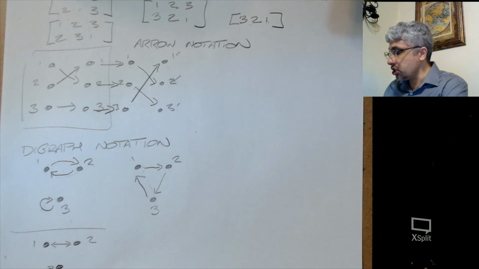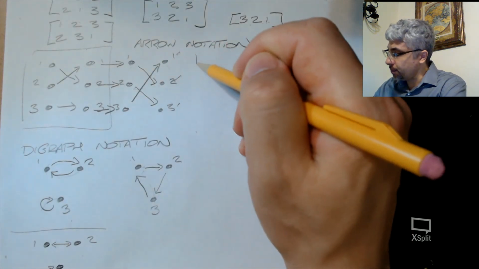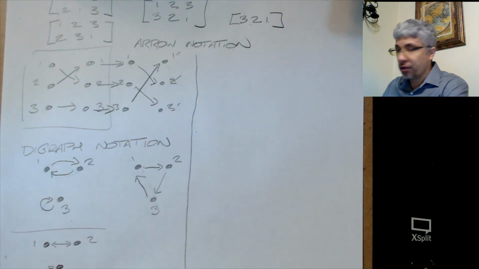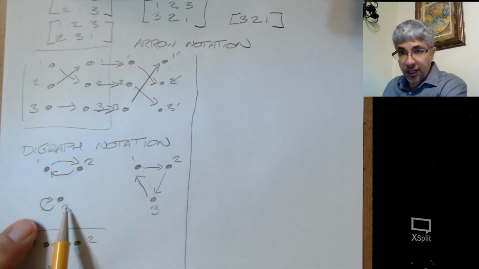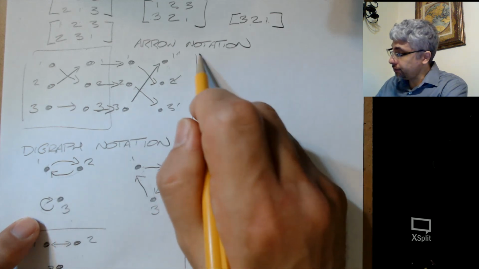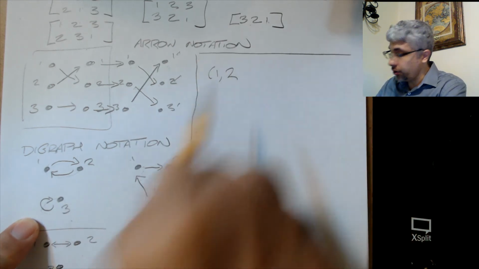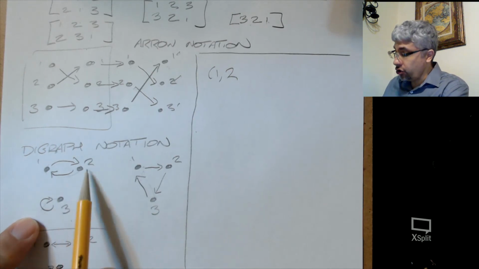And this notation is, I guess, closest to this digraph notation. It's basically going to ask us to put the information of the arrows in a nice form. So instead of drawing this, I could say, okay, I'm just going to say where things go. So 1 goes to 2, and 2 goes to 1.